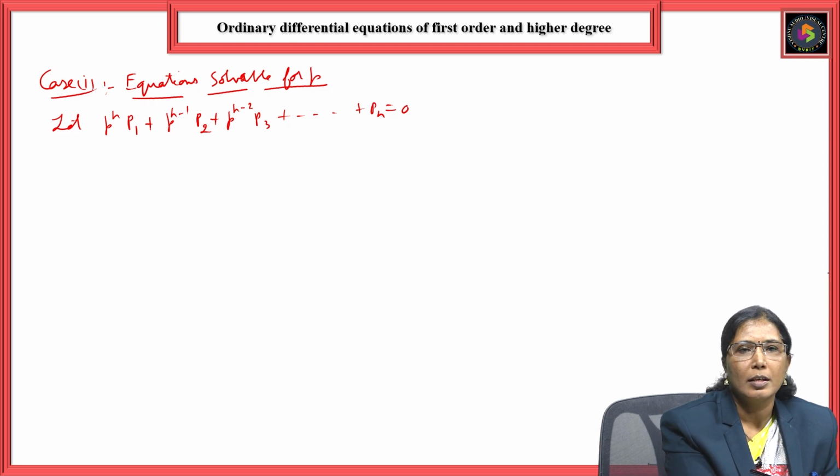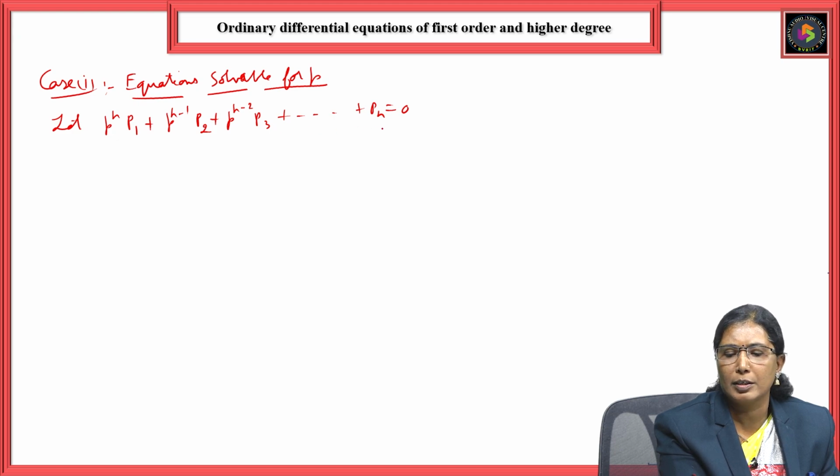Let us take p to the power n p1 plus p to the power n minus 1 p2 plus p to the power n minus 2 p3 plus so on plus pn is equal to 0, an ordinary differential equation of first order, because p is nothing but dy by dx. It is of first order and nth degree.